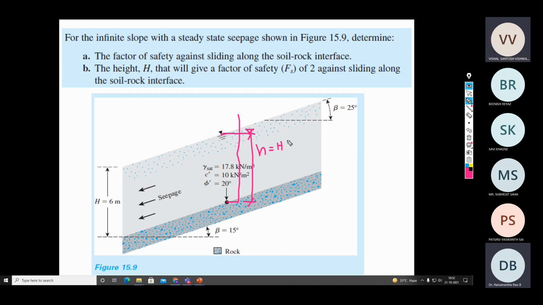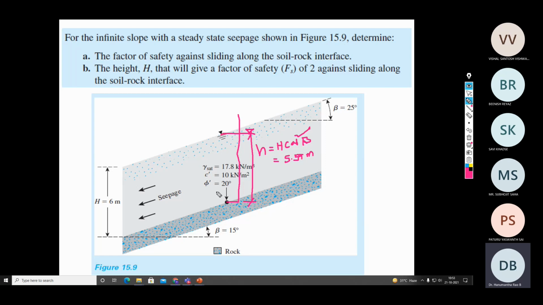Just verify. L cos square i or beta. Okay, so this is H cos square beta. What is the value? 5.598 meter. Okay, so 5.59 meter.